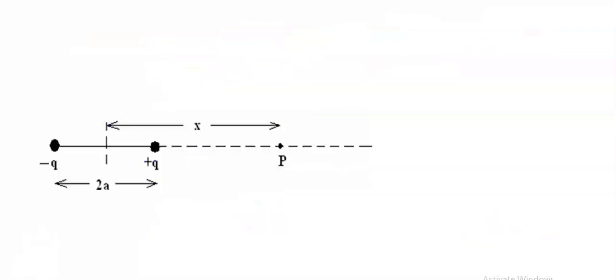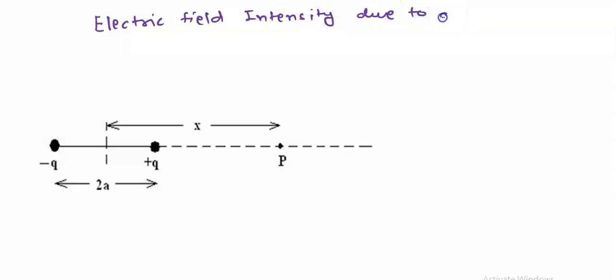Now we will try to find the electric field intensity due to an electric dipole at an axial point. Now what is an axial point?